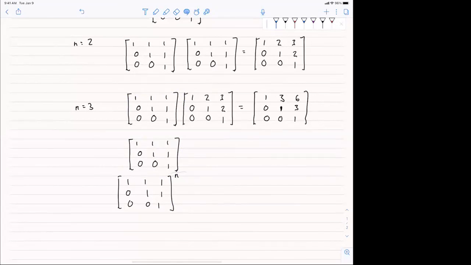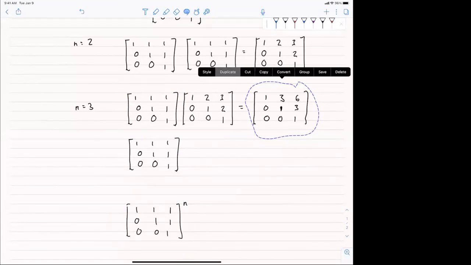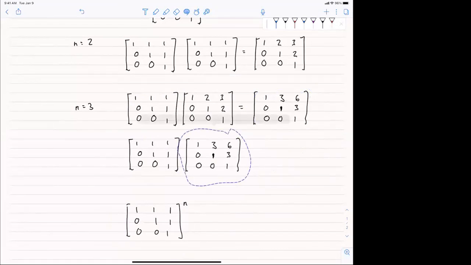And this is going to be the calculation for n equaling 4. Again, we have an upper triangular matrix, which gives me 6 of the entries already. Now I just have to compute these other 3 entries.